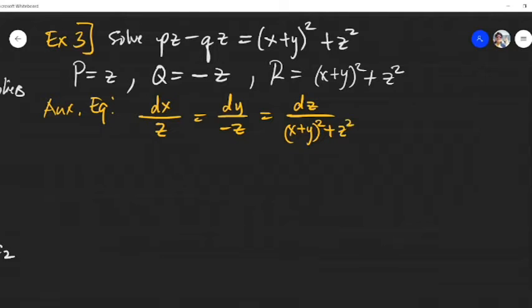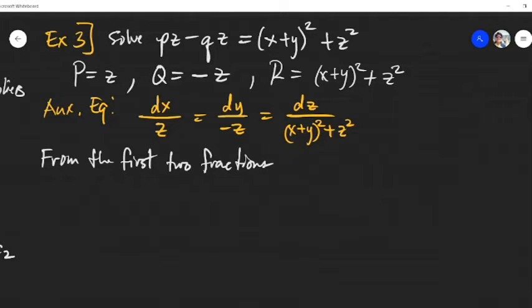So from here, we can easily use the grouping method. From the first two fractions, we have derivative of x over z equal to negative derivative of y over z. And as you can see, we can just cross multiply them and we can cancel z. Okay, so let's just cancel them out. So we have dx equal to negative dy.